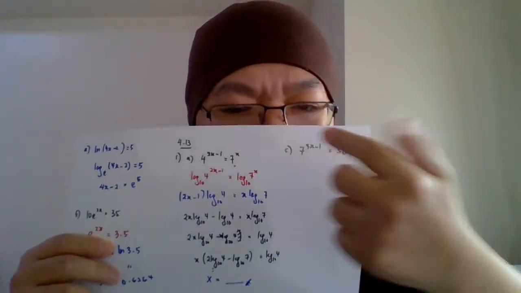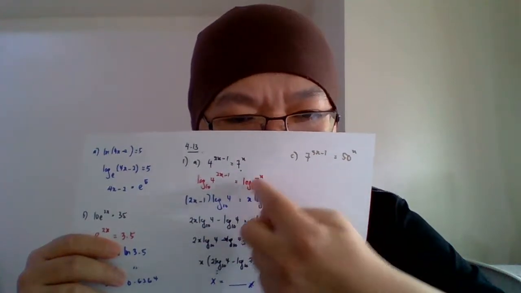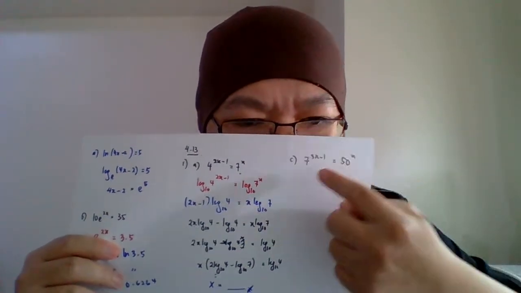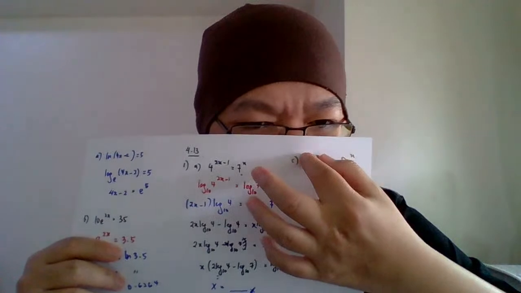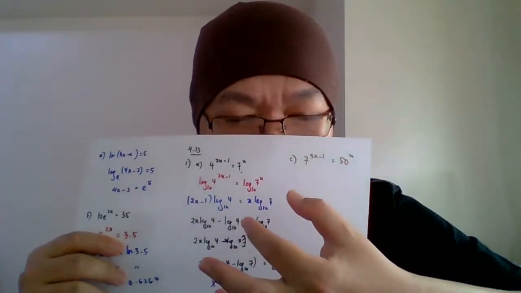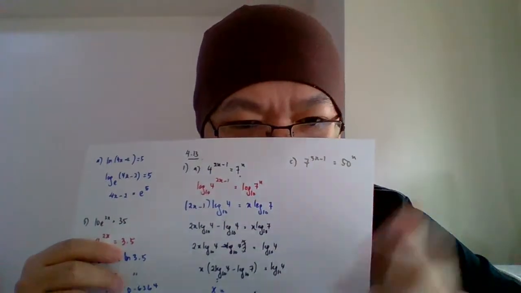So for this case, we also need to put the log 10 left and right. When we put log 10 left and right, the power we can bring down, put in front of the log. I assume every one of you understands how I bring down the power, so I straight away show you this step.